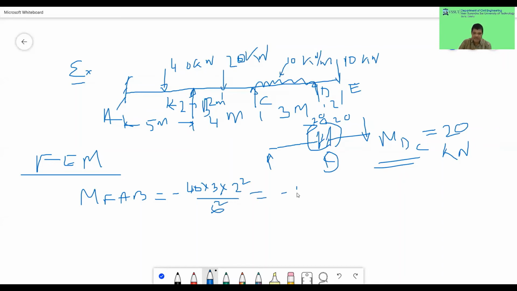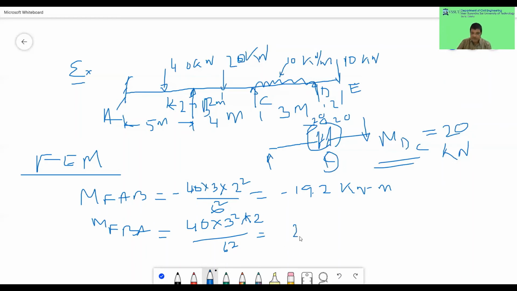So this comes to minus 19.2 kilonewton meter. Then if you go for MF BA, that is equal to plus W a square b by L square, which comes out to be 28.8 kilonewton meter.